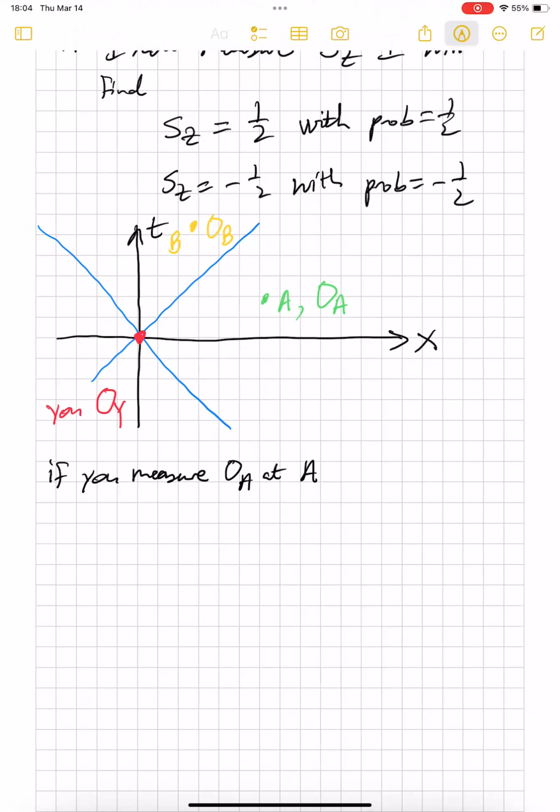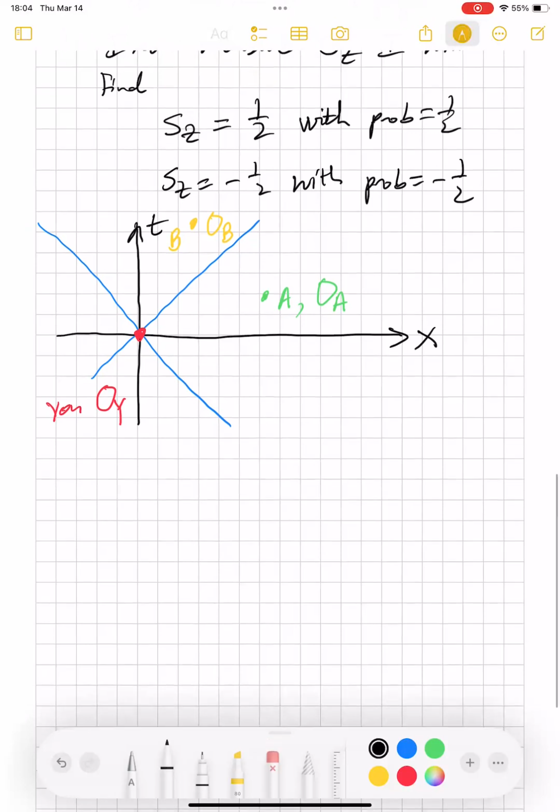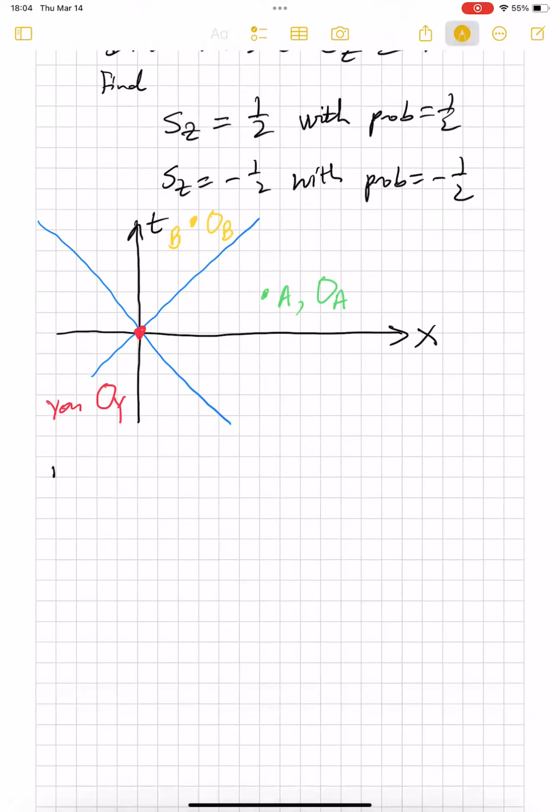So measuring O_Y at the origin and O_A at A don't affect each other.